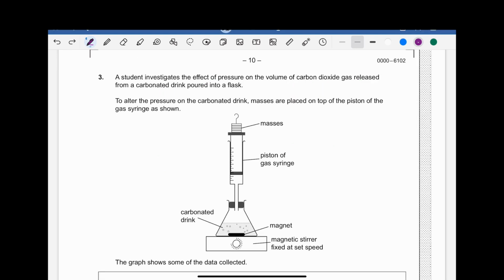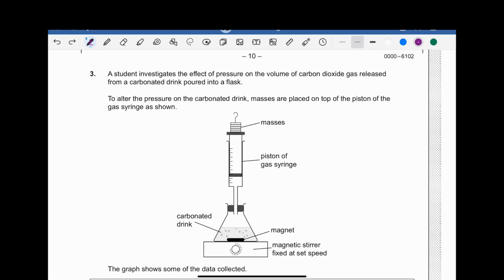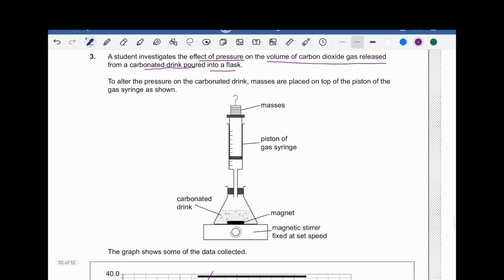A student investigated the effect of pressure on the volume of carbon dioxide released from a carbonated drink poured into a flask. To alter the pressure, masses are placed on the top of the piston of the gas syringe as shown in the diagram.